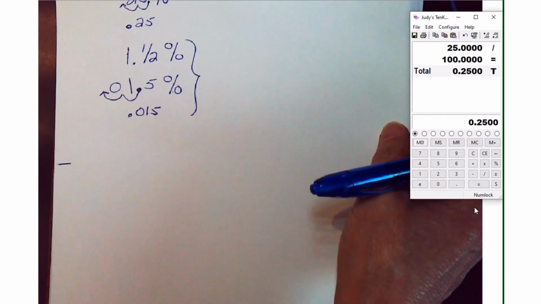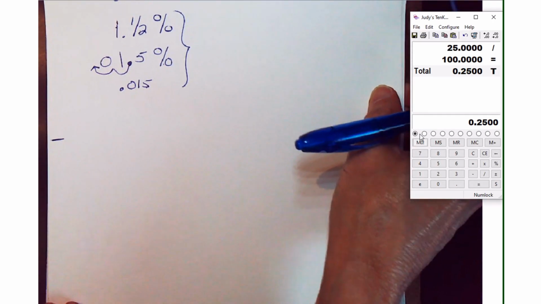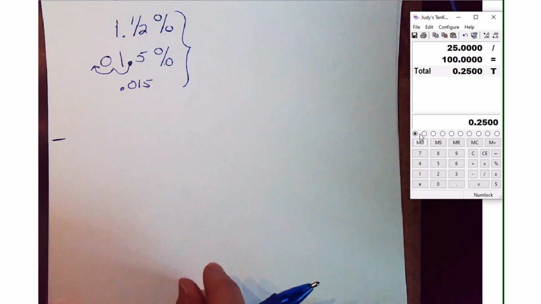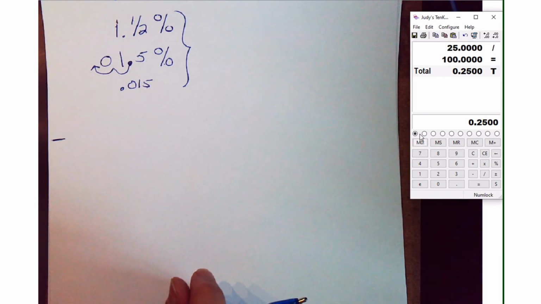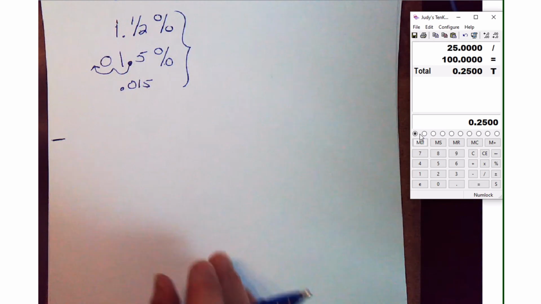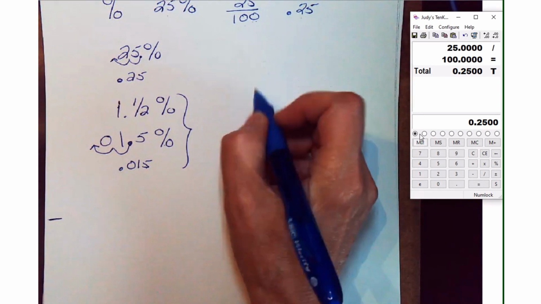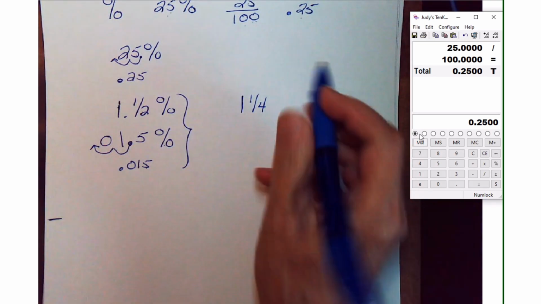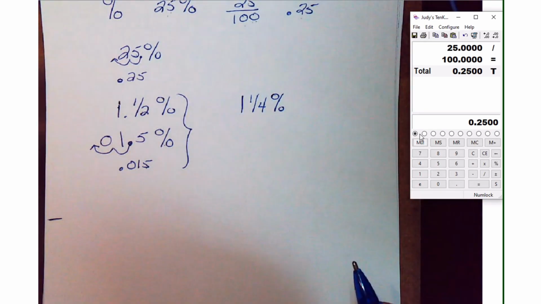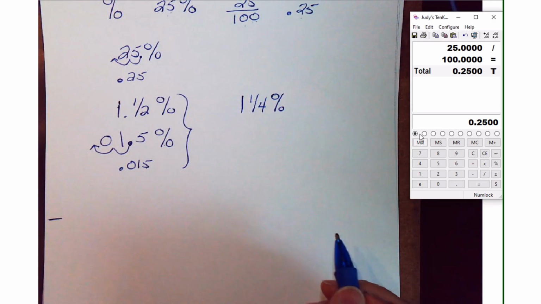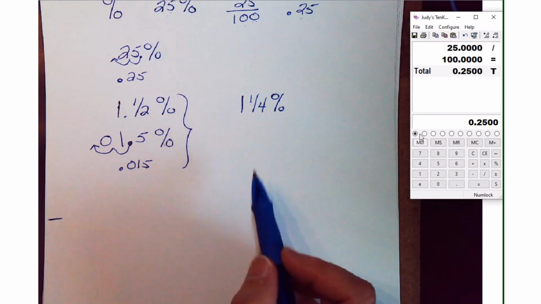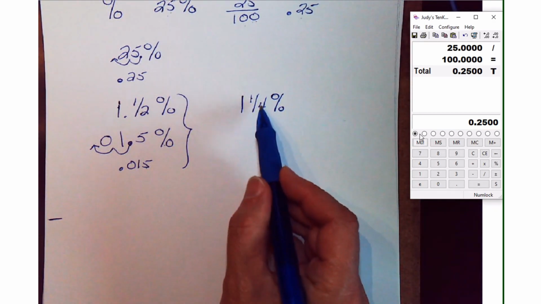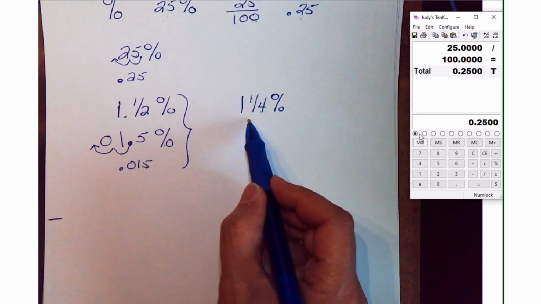On page 91, let's do a couple more of these. Let's say I have 1 1/4%. Before you convert it to a decimal, make the fraction into a decimal percent.